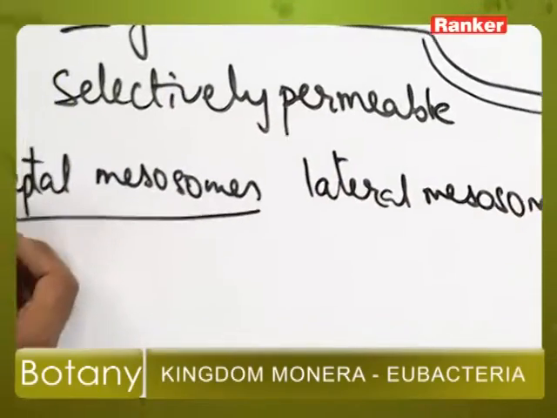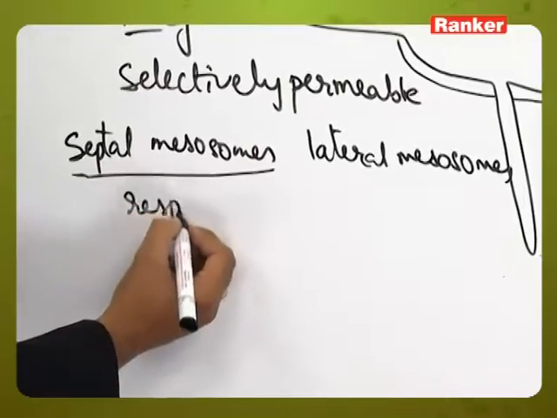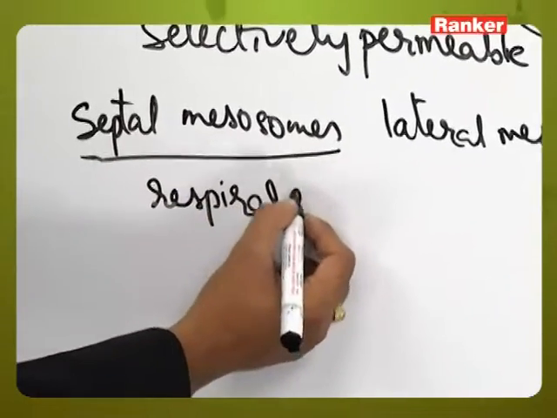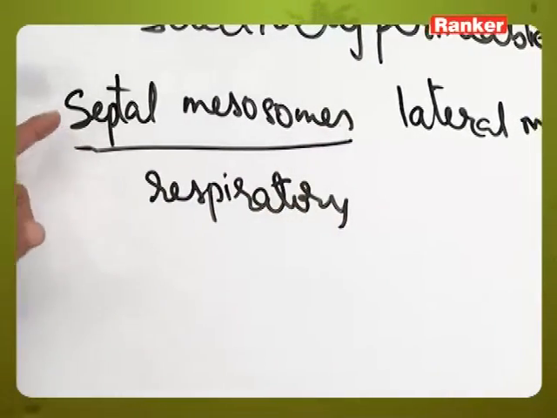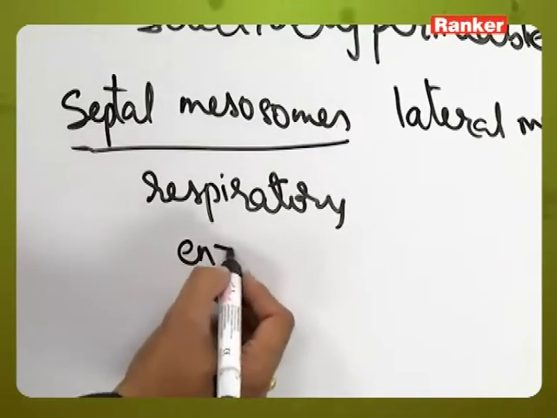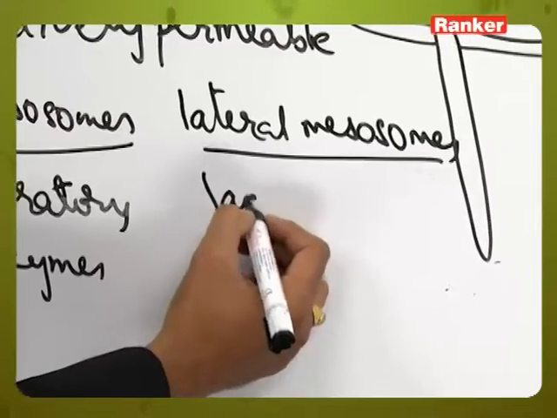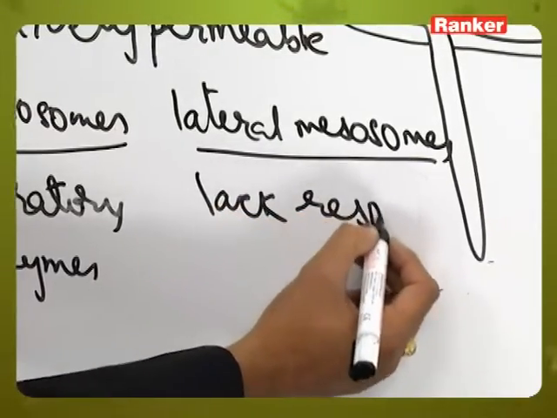Actually, the mesosomes which have the respiratory enzymes or respiratory-related aspects are called septal mesosomes, and lateral mesosomes are the ones which lack respiratory enzymes.